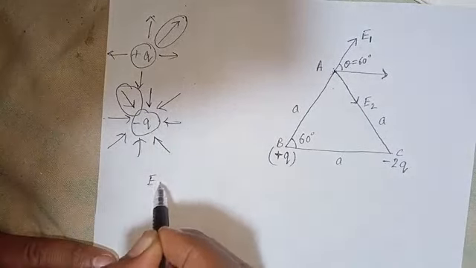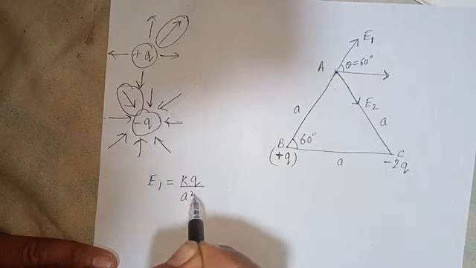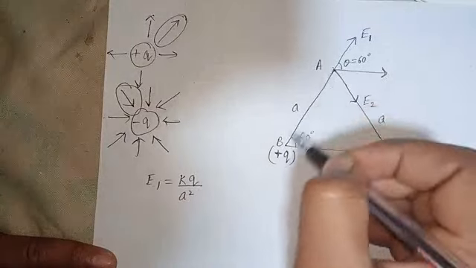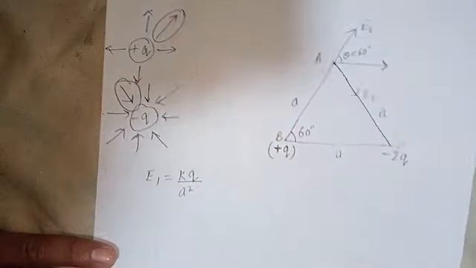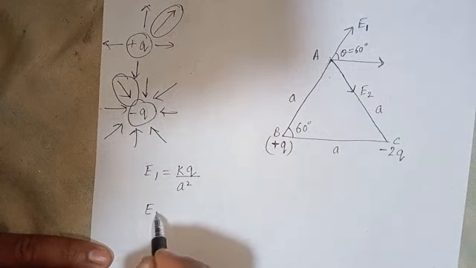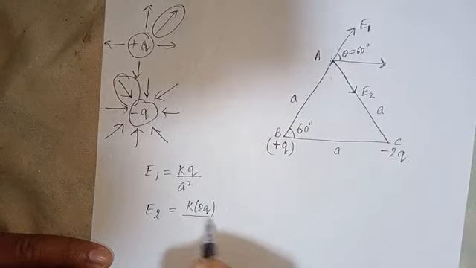The value of E1 will be kq upon a square, because the distance between point A and B is a. Similarly, E2 will become k into 2q upon a square.